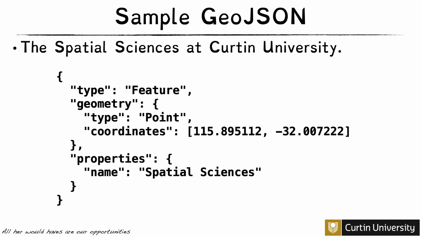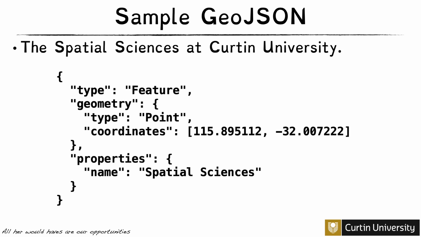So we see here a sample GeoJSON file. We've got a type, which is a feature, then we've got a geometry, and the geometry has a type, which is a point, and this point has coordinates. And we continue on. This geometry has properties. One of the properties we've got is name, and it's called Spatial Sciences.